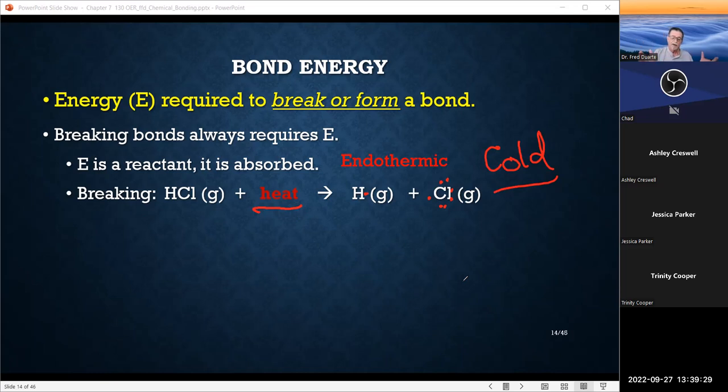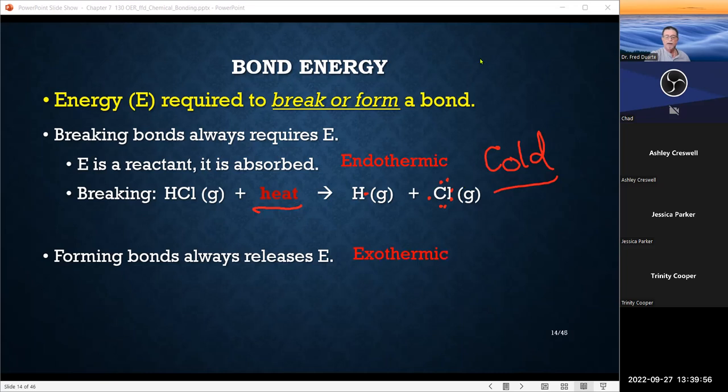So I'm breaking that up, and you can tell here that these two are the ones that eventually share when they make a bond. Anyway, this is an example of an endothermic process.